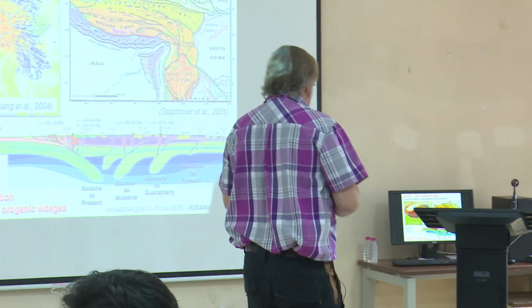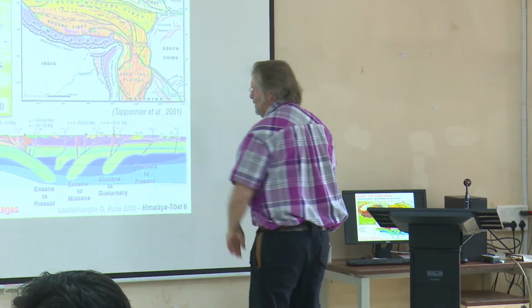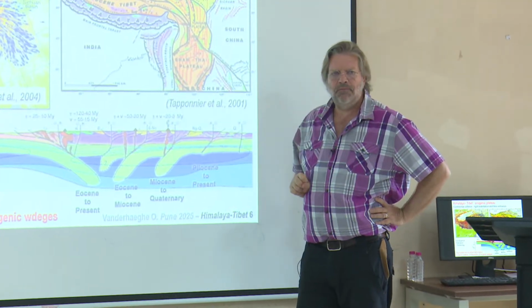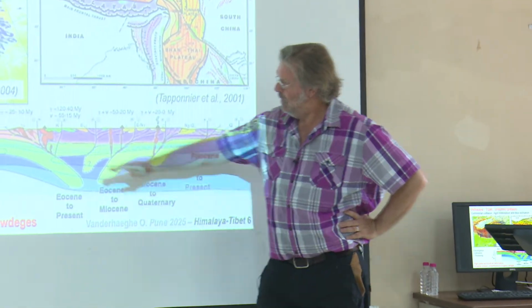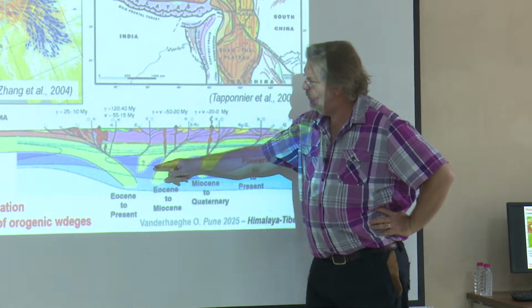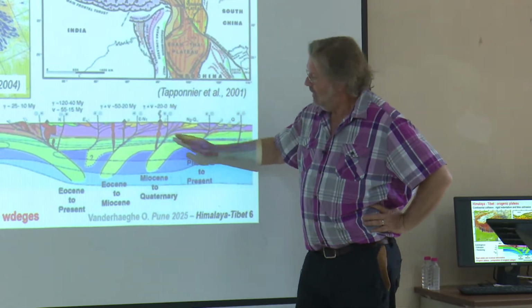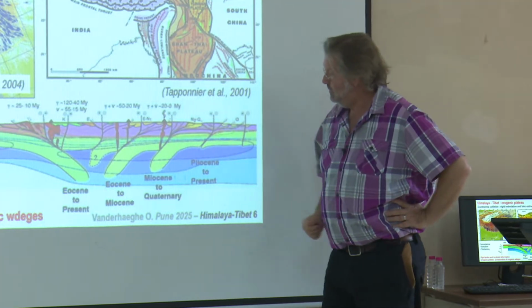Okay, we're there yet. But is it what is implied in this reconstruction here? What do we see? One subduction here, another one here with a question mark. Another one here, another one here.